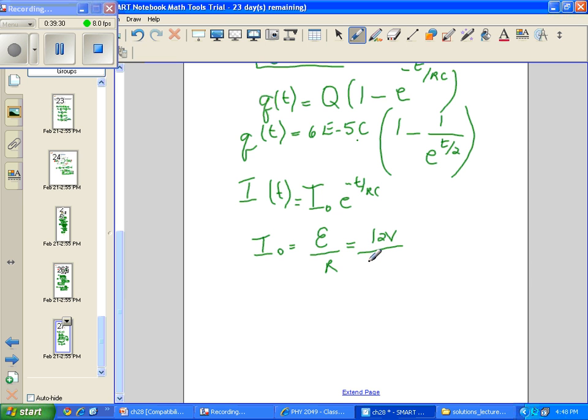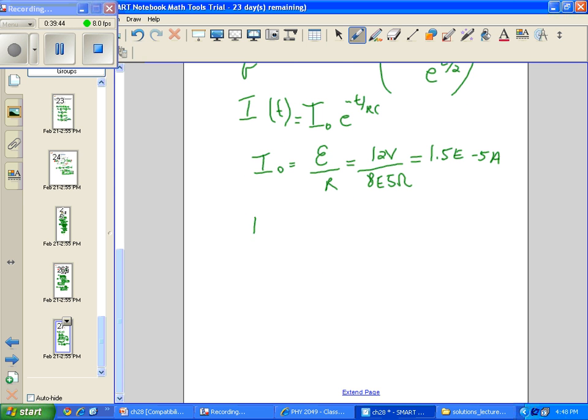We know that R is 8 e to the 5 ohms, and we get a maximum value of 1.5 e to the minus 5 amps. Now we can write the functional form with numbers. I as a function of time equals 1.5 e to the minus 5 amps times 1 over e to the t over 4.